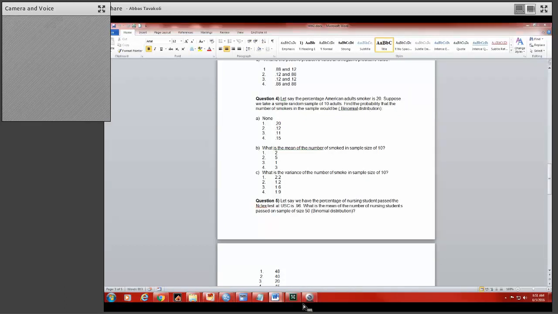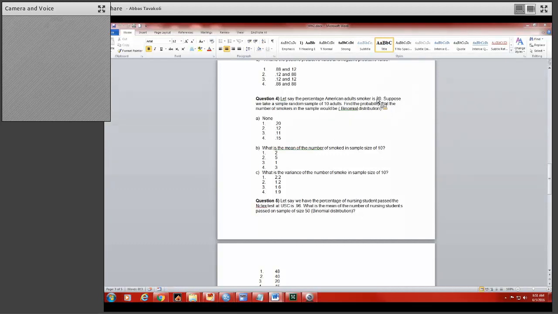Now, question 4, I ask you, let's say the percentage of American adult smokers is 0.20, which is 0.2.